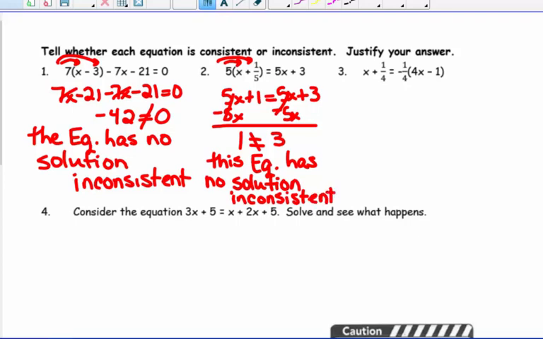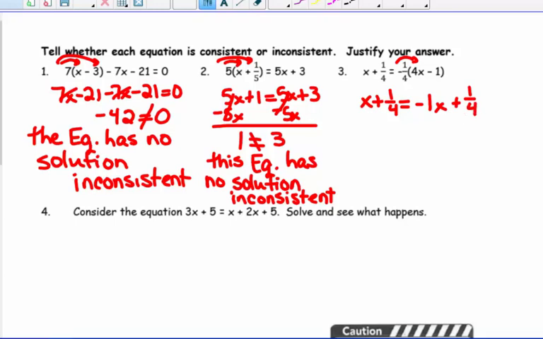Number 3, x plus a fourth, negative 4. Negative 1/4 times 4x is negative 1x, and negative 1/4 times negative 1 is positive 1/4.